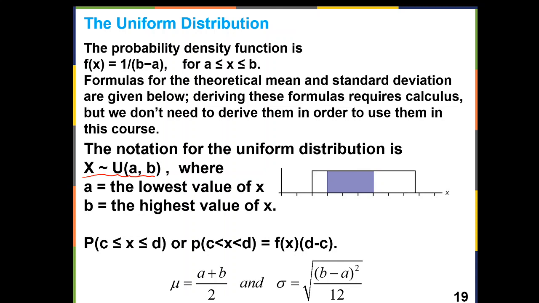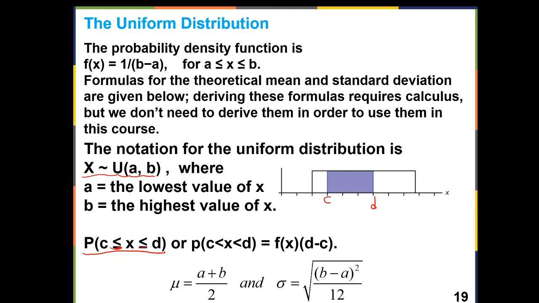So how do we find probabilities under uniform distribution? If we want to find the probability between c and d, so let's say this is c and this is d, the probability of x being between c and d. Notice that equality here doesn't really matter, remember?